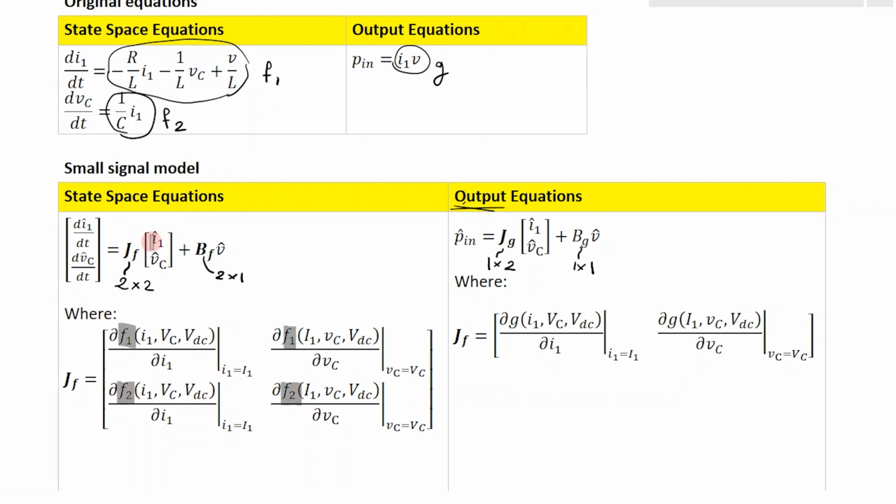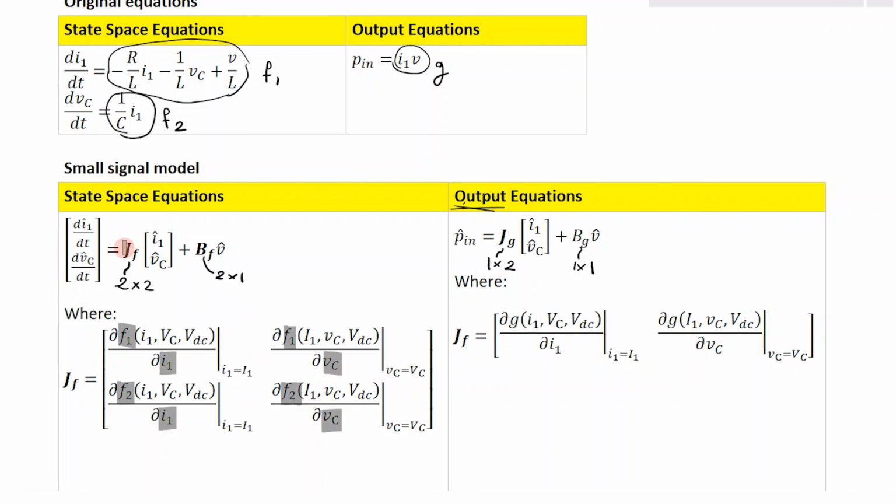Now, derivative with respect to I1 would be in the first column, and derivative with respect to VC would be in the second column. Now, all of these derivatives would need to be evaluated at the operating point. So that's why I have this I1 equals capital I1 and these guys equal to their DC operating points. So essentially, we'll find the derivatives and plug in the DC operating point.